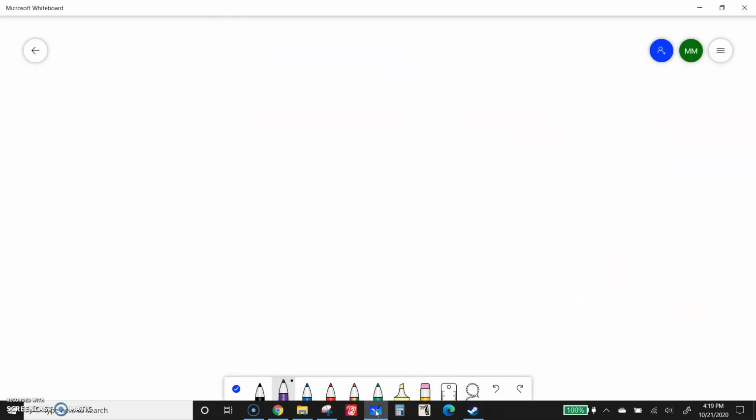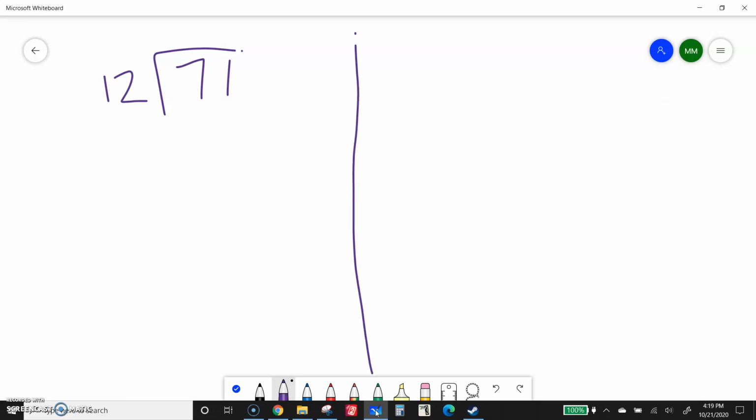I'm going to do, sorry, I'm just thinking. So I'm going to do 71 divided by 12. Again, I need a little more space because I write so big. Okay, it can help to draw this line here even if we're not doing partial quotients.